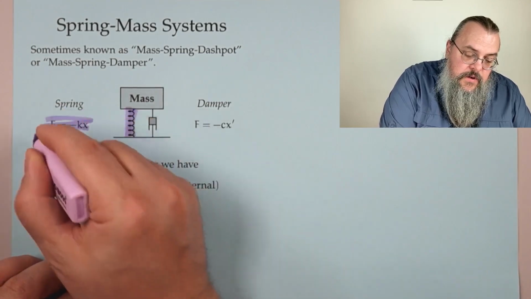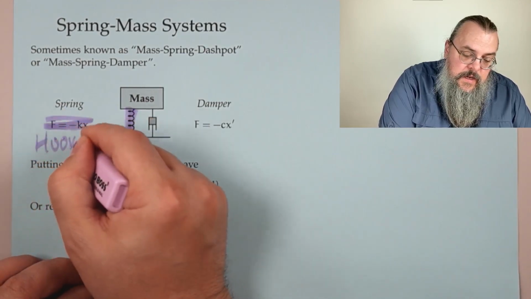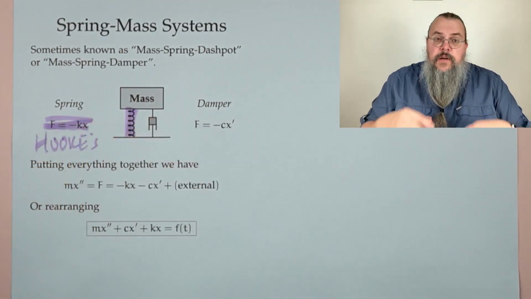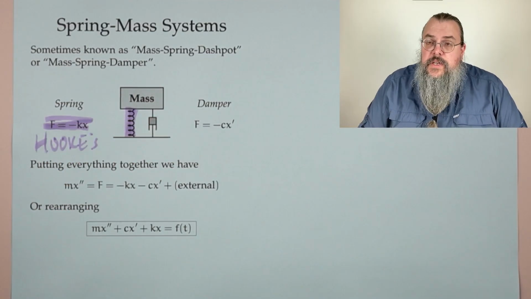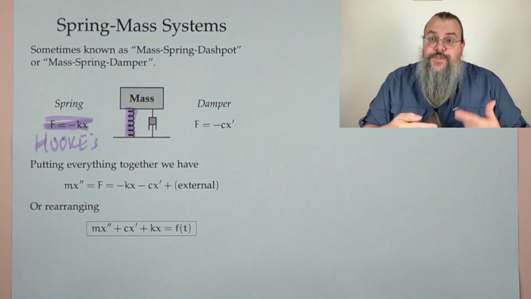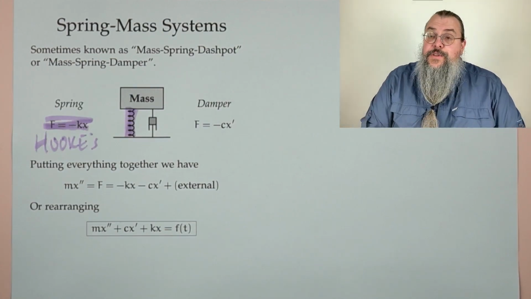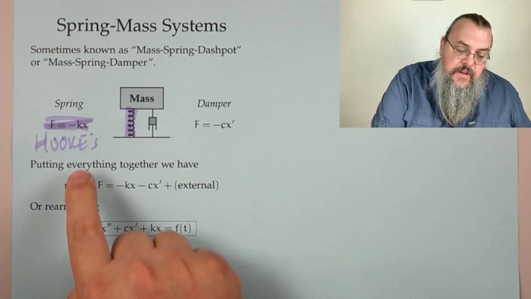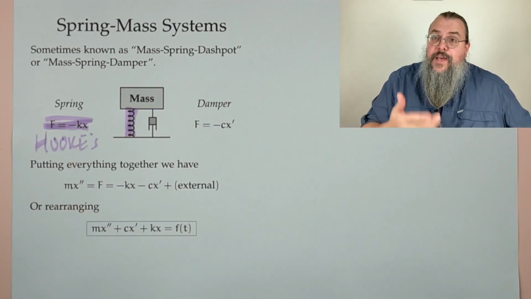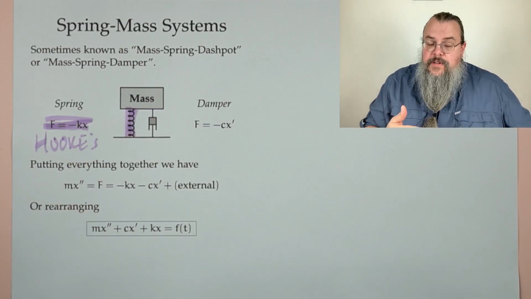And we know from Hooke's law that there's a basic rule that says the force is proportional to displacement. Actually, more precisely, the force is minus kx. And so k is called the spring constant.